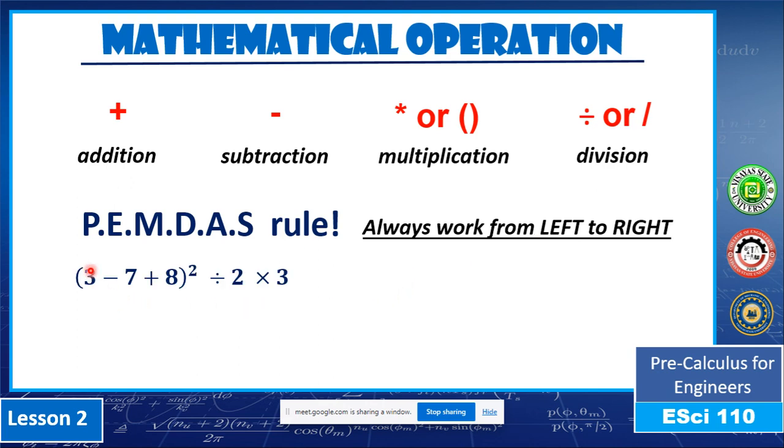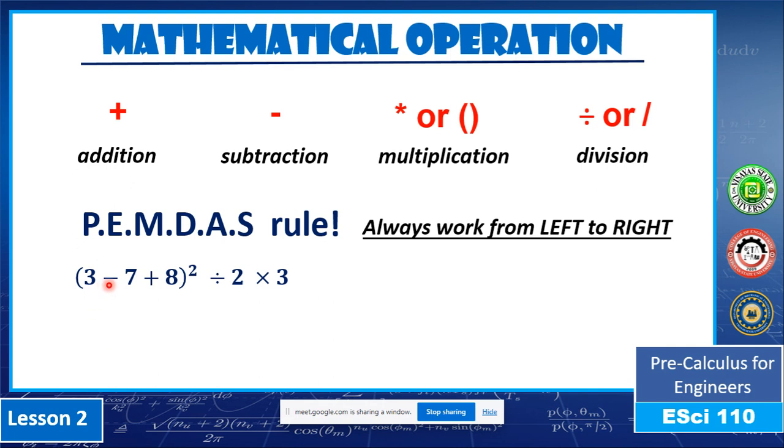So we have parenthesis 3 minus 7 plus 8, squared, divided by 2 times 3. So hindi muna natin i-simplify ito, yung 2 times 3. Diba? As what I have told you, work from left hanggang right. So, as you can see here, we have parentheses. And then, in the parentheses, we have exponent. Since nauna yung parentheses, unahin natin i-simplify yung nasa loob ng parentheses.